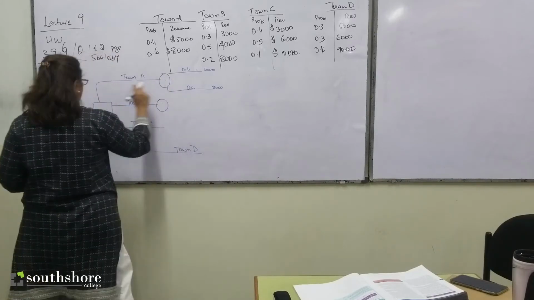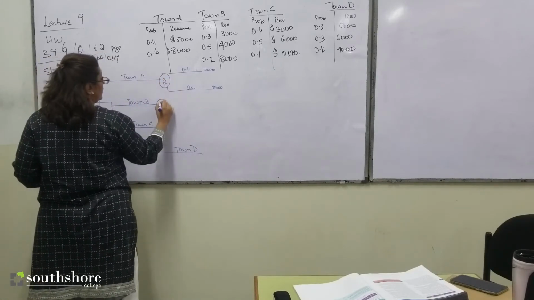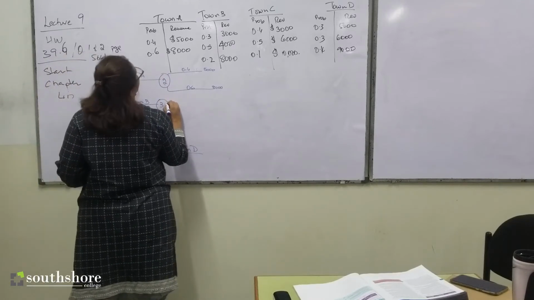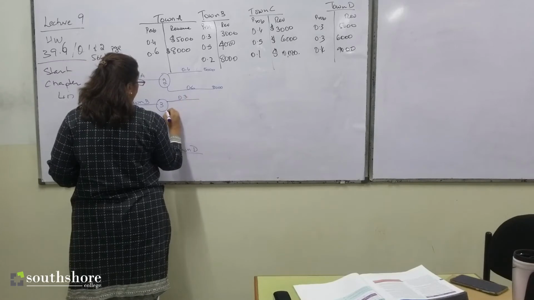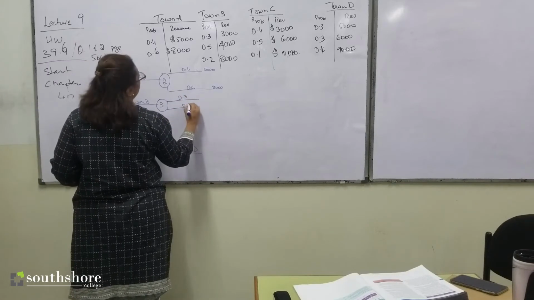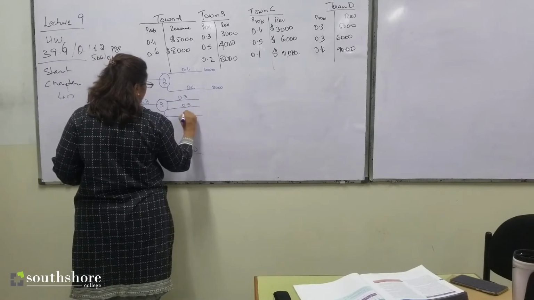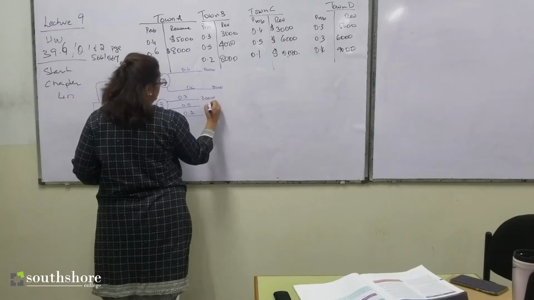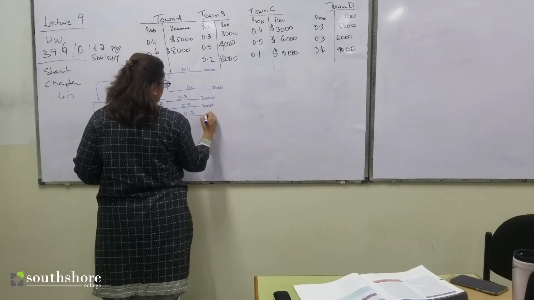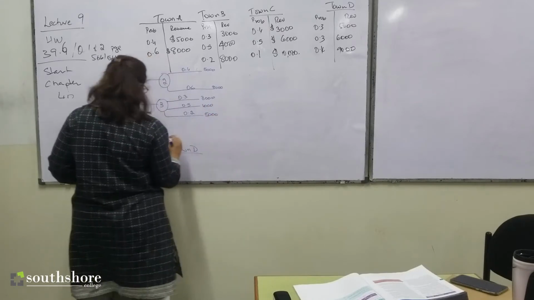No, sorry, this is 1, this is 2, this is 3. Okay, so town B, he has 3 options: 0.3, 0.5, and 0.2. From this we learn 3,000, 4,000, and 5,000.